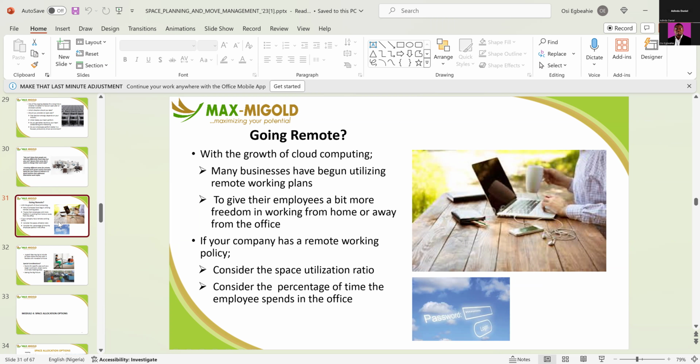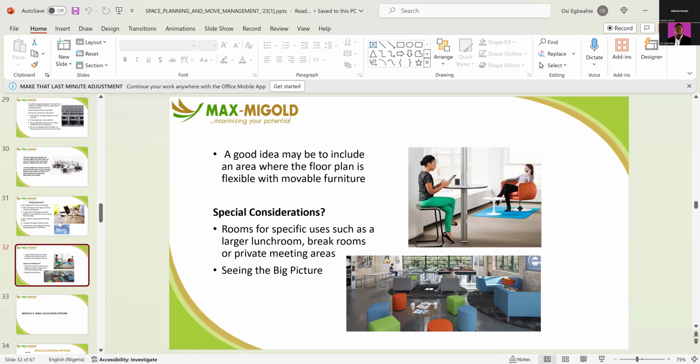If your company has a remote working policy, consider the utilization ratio. Consider the percentage of time the employee spends in the office, and look at how that is managed. Then a good idea may be to include areas where your floor plan is flexible, with movable furniture, where you don't have so many restrictions, where people can work from anywhere.